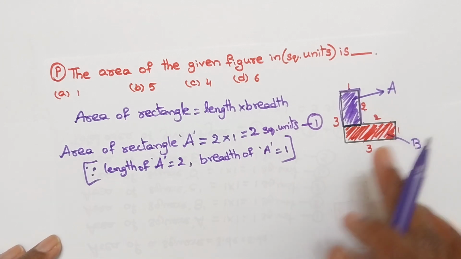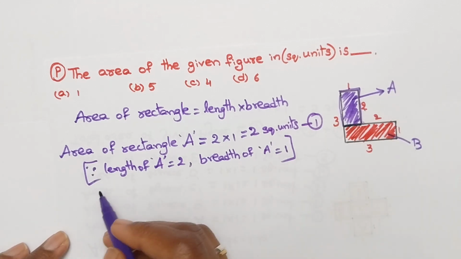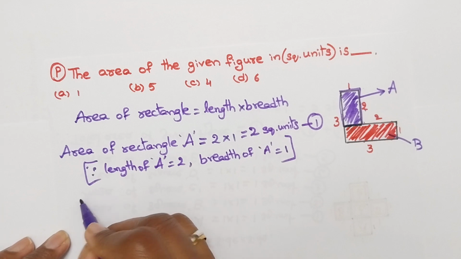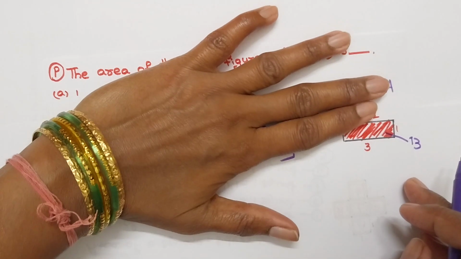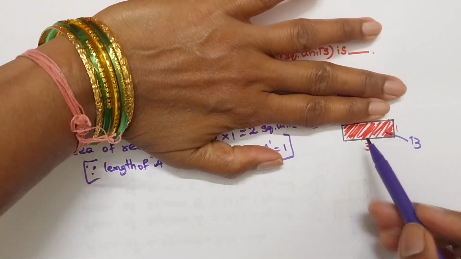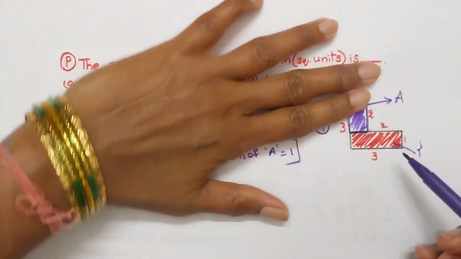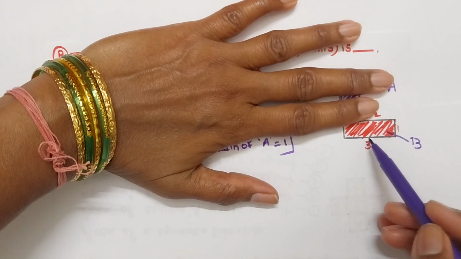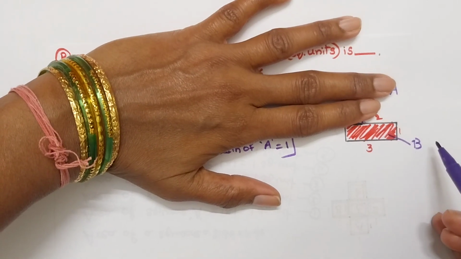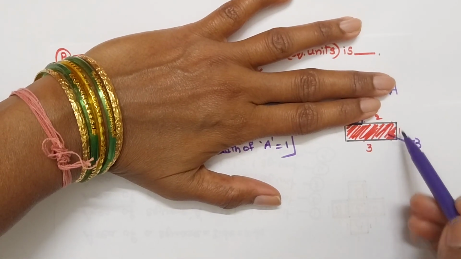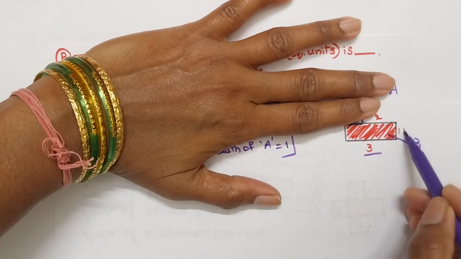Now we go to the area of rectangle B. First we close this figure, and this is clearly looking like a rectangle, and the length is 3 and breadth equals 1.